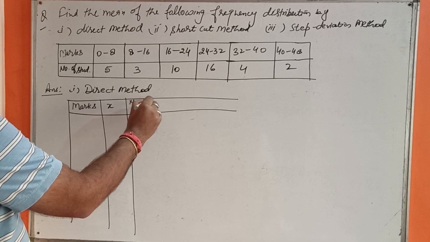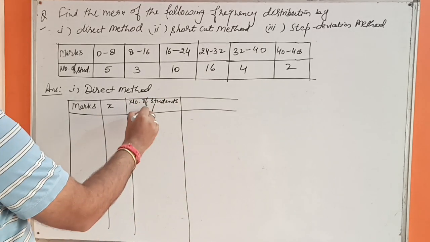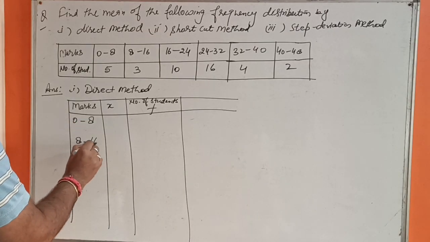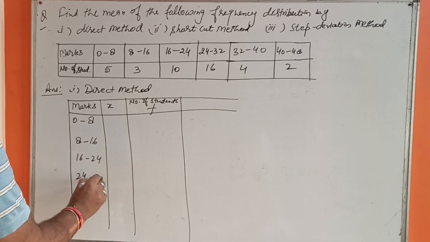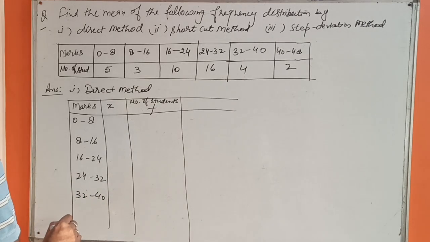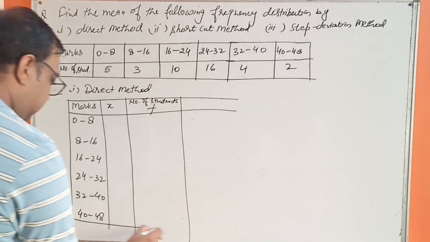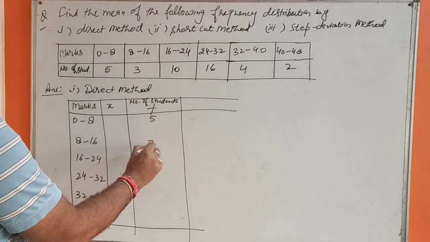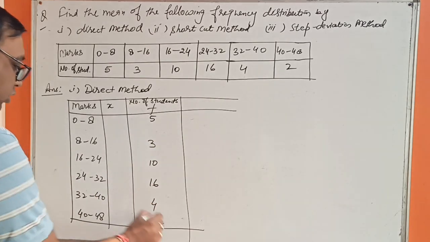And the number of students represents the frequency: class intervals 0 to 8, 8 to 16, 16 to 24, 24 to 32, 32 to 40 and 40 to 48, and frequencies 5, 3, 10, 16, 4 and 2.